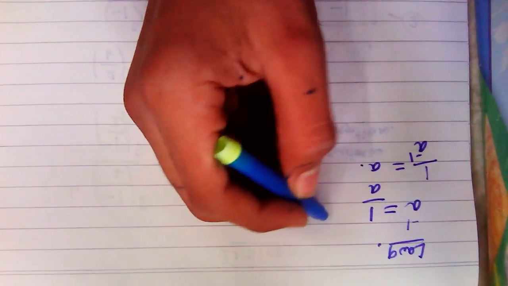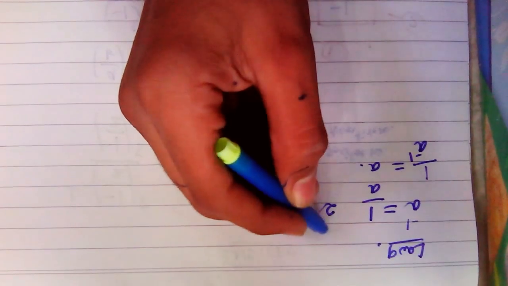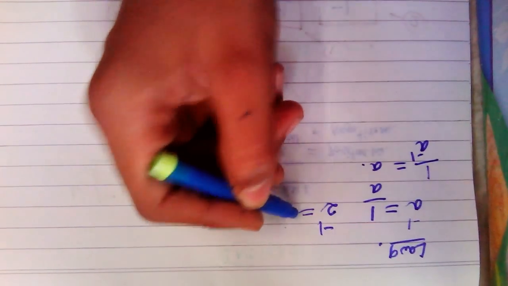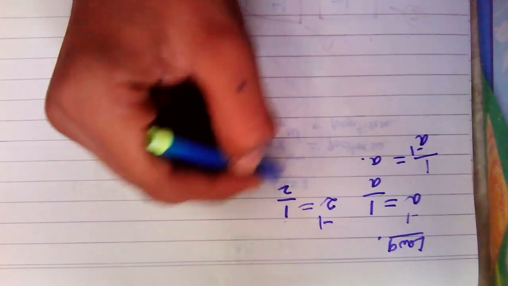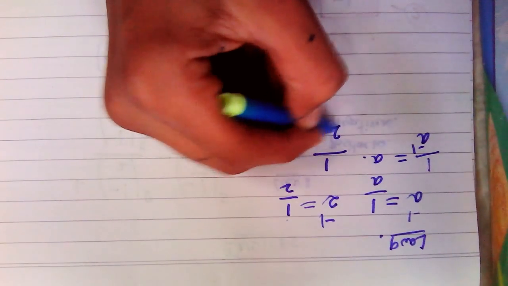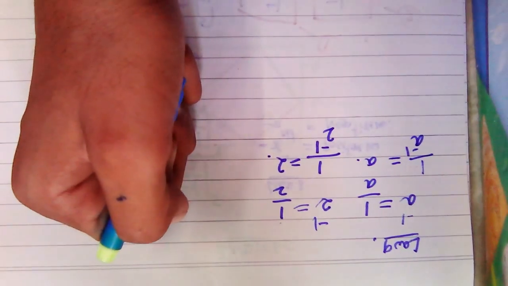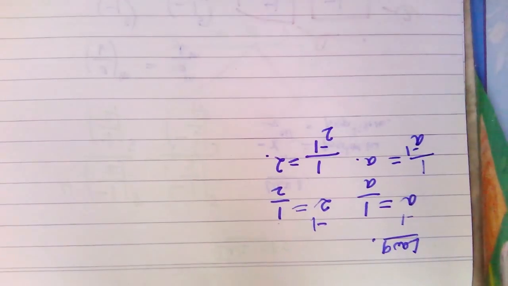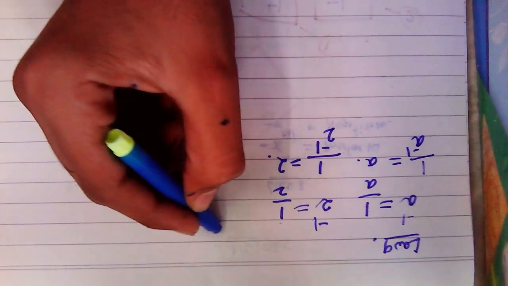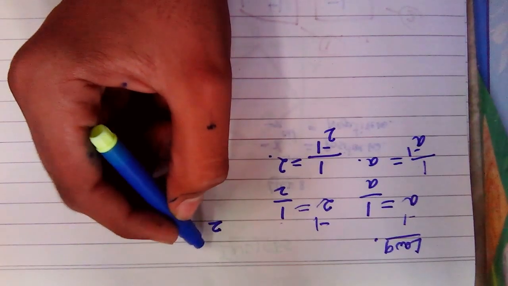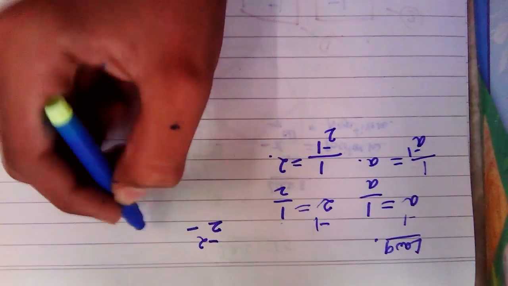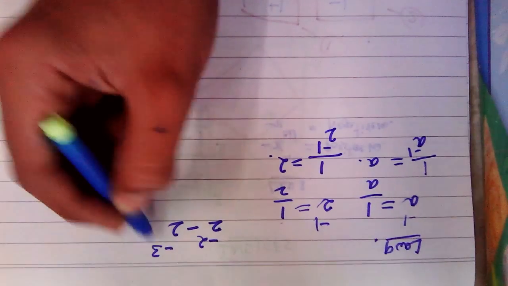That is, for example, 2 to the power of minus 1 will be equal to 1 by 2, and 1 by 2 to the power of minus 1 will be equal to 2. And we are going to apply this law here, which will be that one will be minus 2 to the power of minus 3.